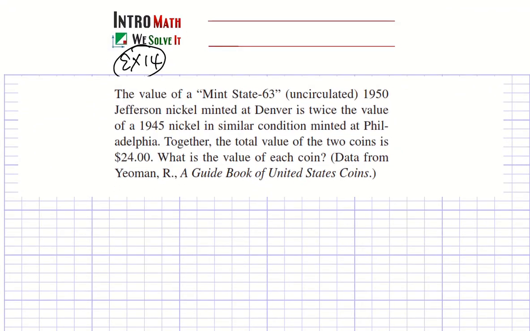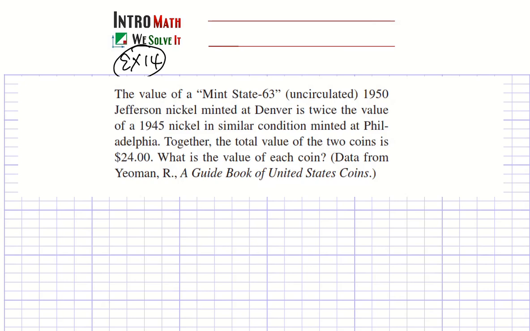Okay. The next one, we'll read it. The next one says that the value of a mint state 63 uncirculated 1950 Jefferson nickel minted at Denver is twice the value of a 1945 nickel in similar condition minted in Philadelphia.